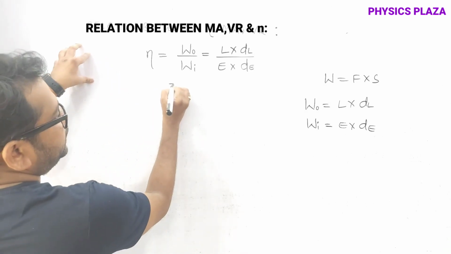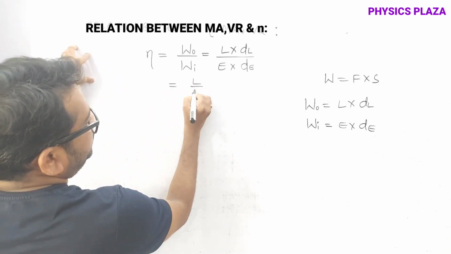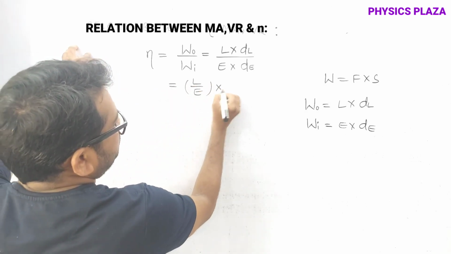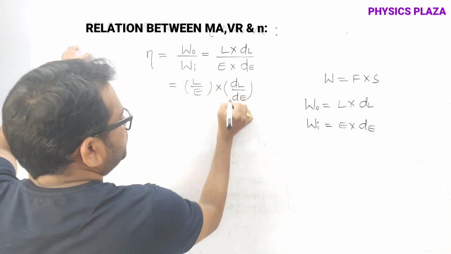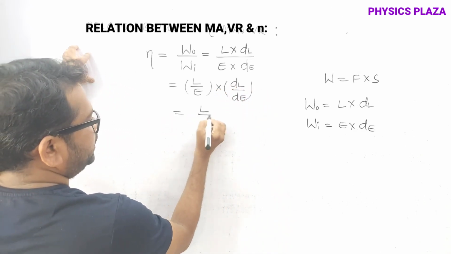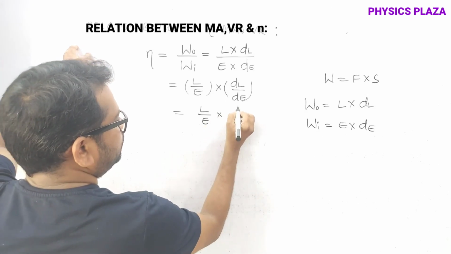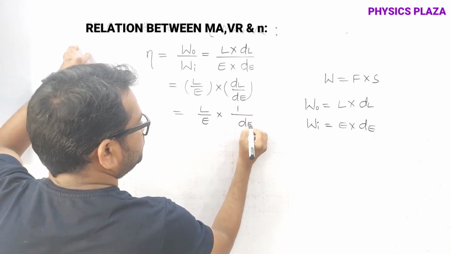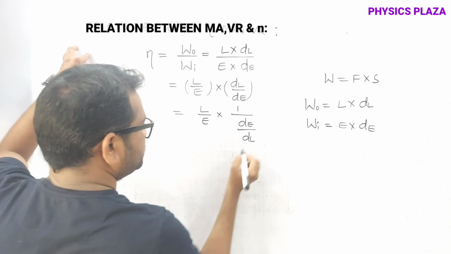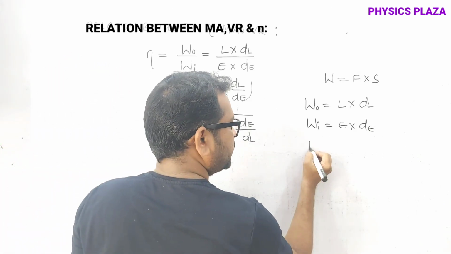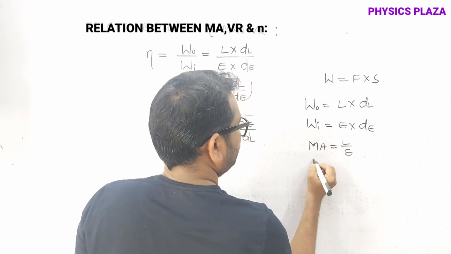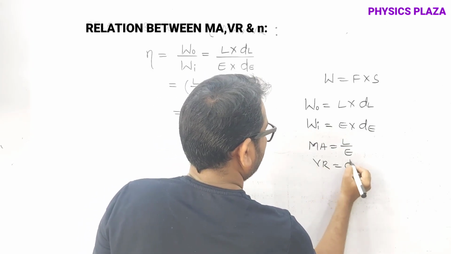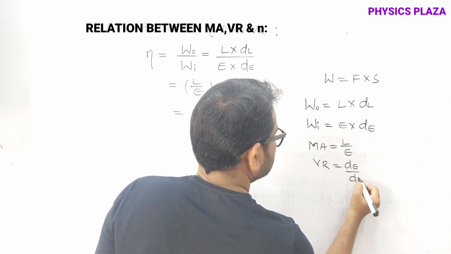Now can we rewrite it like this, children? That is load by effort, and for our convenience, it can be written as load by effort into 1 by effort displacement by load displacement. We already know that mechanical advantage is equal to load by effort, and velocity ratio is equal to effort displacement by load displacement.